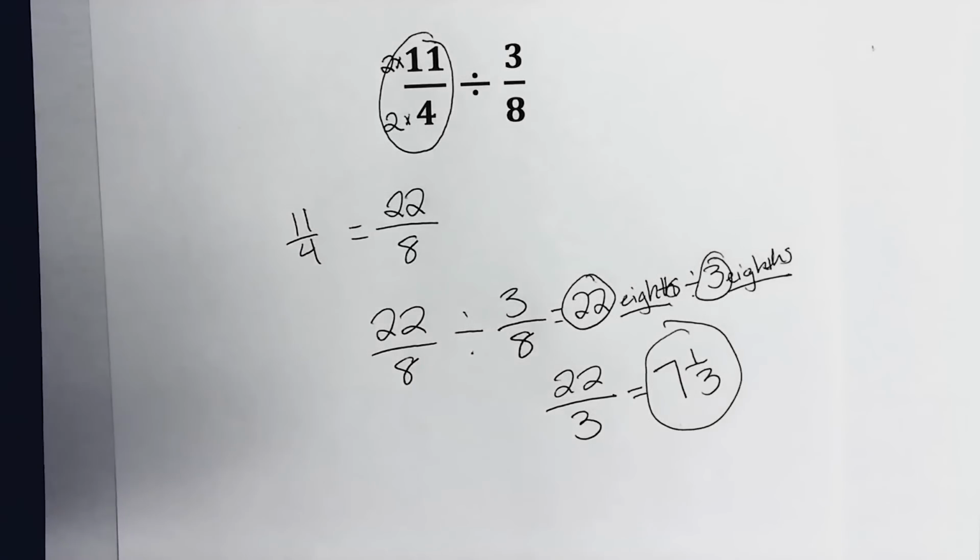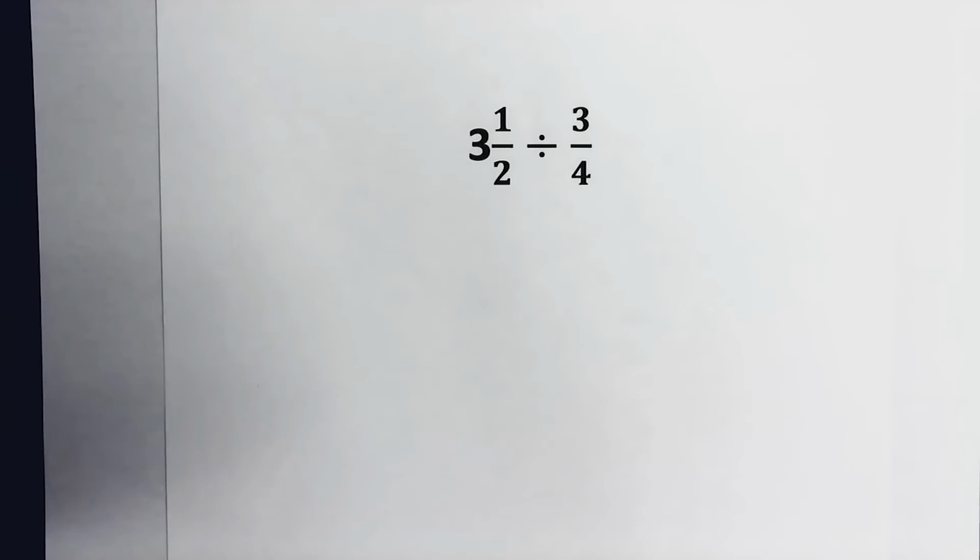So let's look at this next problem. How does this problem differ from the others we have done today? You guessed it, it has a mixed number and they don't have the same denominator. How do you think we can take care of that? Right, changing the mixed number to an improper fraction would be our best start.